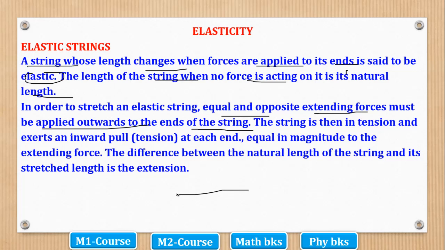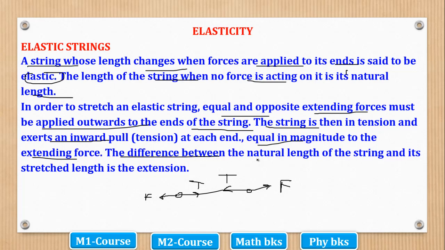So if this is a string, you apply a force going this side and a force this side. Those are equal and opposite. The string is then in tension and exerts an inward pull. Like you have always known, tension arrows must face each other. That will be the tension in the string, and this will be the pulling force, equal in magnitude to the extending force.